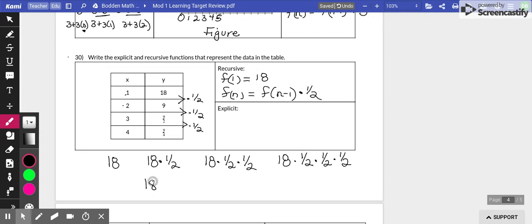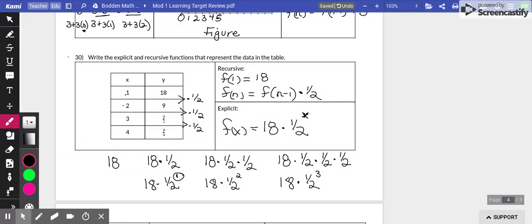So this would be 18 times 1/2 to the first power, 18 times 1/2 to the second power, 18 times 1/2 to the third power. So if you see the pattern, the explicit formula is going to be 18 times 1/2 to the x, but notice how the exponent is 1 less than the term. So this is term 1, this is term 2, term 3, term 4. So that means this is going to be x minus 1.